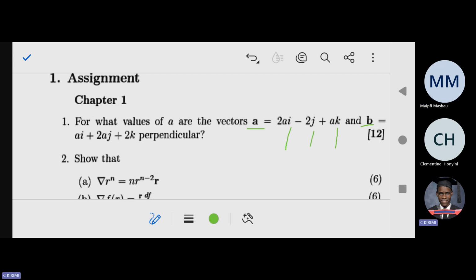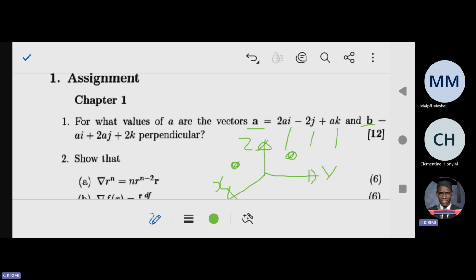You must be familiar with the unit vector i, which means in the X direction. Unit vector j means in the Y direction, and unit vector k in the Z direction. So we are moving in 3D, which means you'll be having Z, Y in this direction, and X. Each point will be somewhere in the space, so it's no longer 2D, it's 3D.